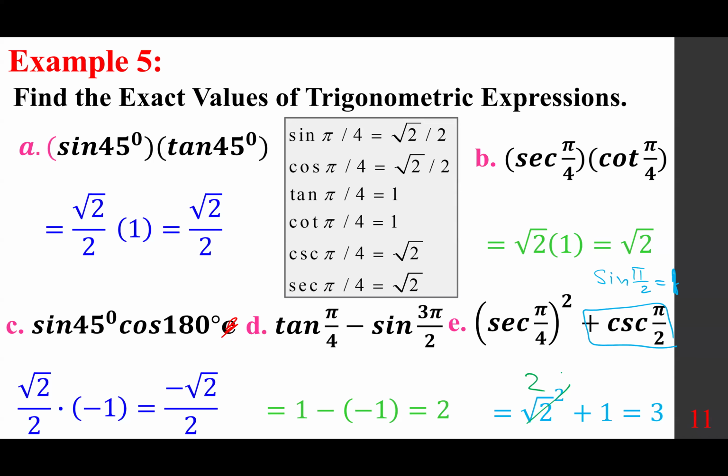It's pretty straightforward. You should know all the common arcs and their trigonometric functional values.